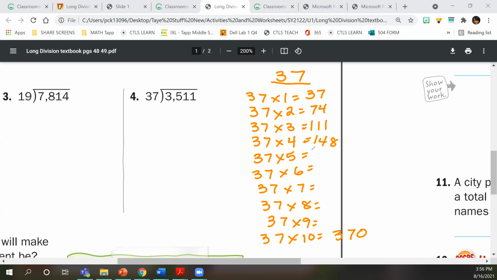37 plus 148, what do we get? 185, very good. All right, 185 plus another 37. Some of you are doing a good job keeping up with these on your scratch paper. So 185 plus 37. 222, very good. All right, so 222 plus 37.